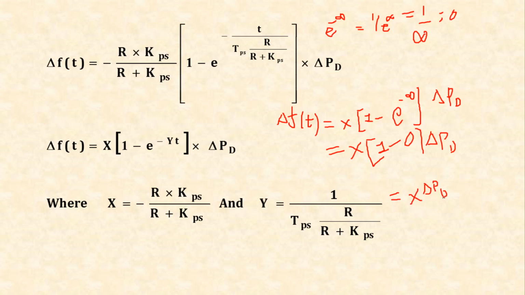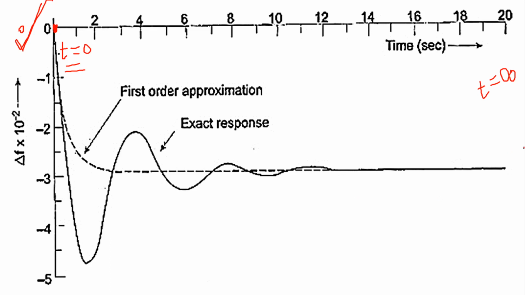That means for t equal to infinite, you will get some constant value. Suppose this is our constant value as t tends to infinite.